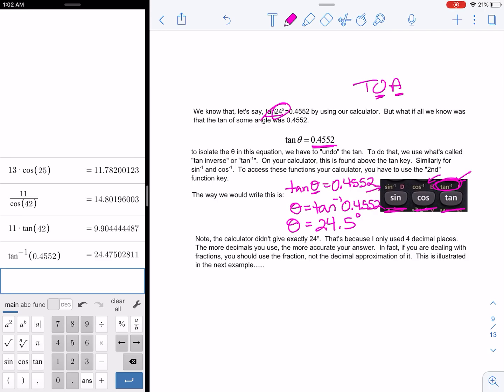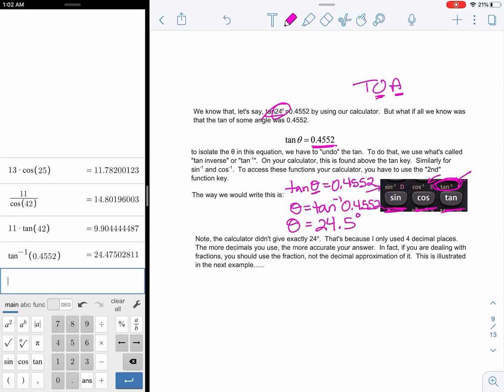Now you'll notice that originally we started out with 24 degrees and got 0.4552. But when I did the tan inverse of 0.4552, I got 24.5 degrees. That's because I'm only using 4 decimal places. That's how touchy the trig ratios are. You add a few more decimal places and you get more accurate answers.